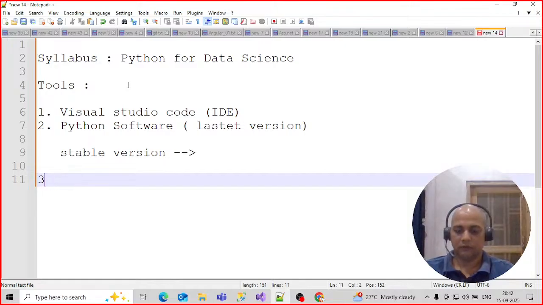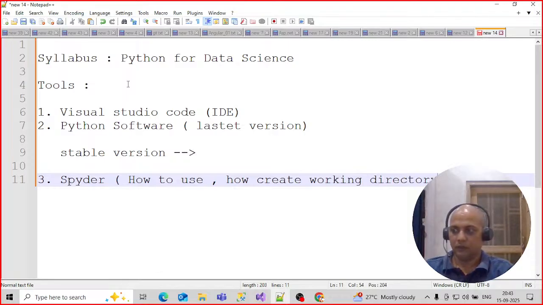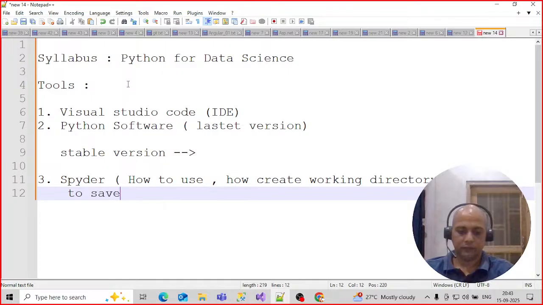Third, we will use another tool, that is Spyder. In Spyder we will understand how to use it, how to create a working directory, how to save the script we are writing, and then how to do file execution, variable creation, arithmetic and logical operations, data types, all that.